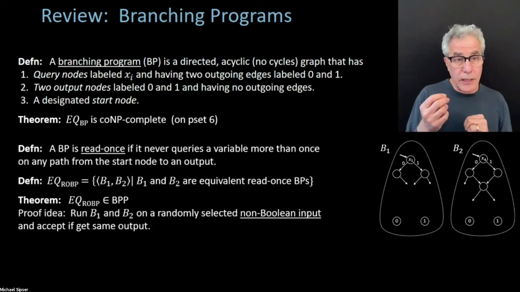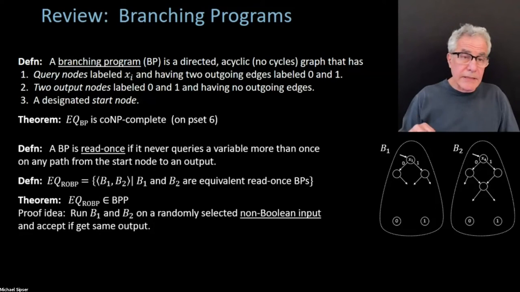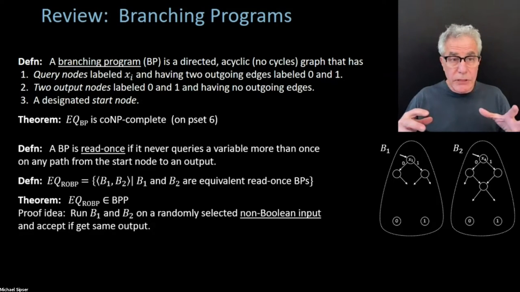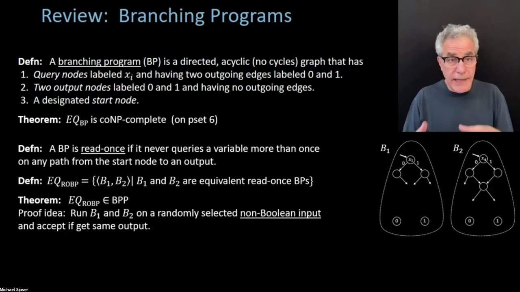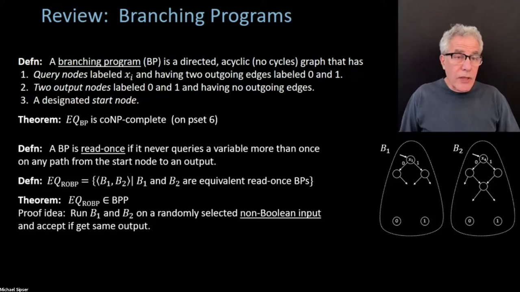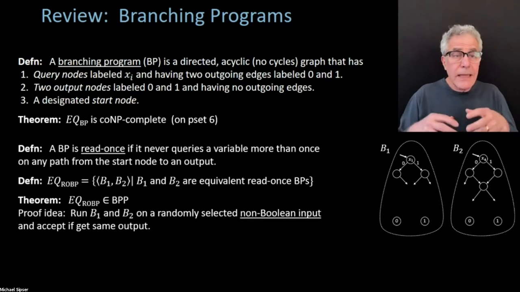And then just picking them at random, you're not going to have a very high probability of finding that one place of difference. So instead, what we're going to do is define a way to run these branching programs on non-Boolean inputs, where the variables are set to values other than 0 and 1, like 2, 3, 7, 22, and make sense of that. And then argue that by running the two branching programs on a randomly selected non-Boolean input, there's a very high probability of giving you the right answer.